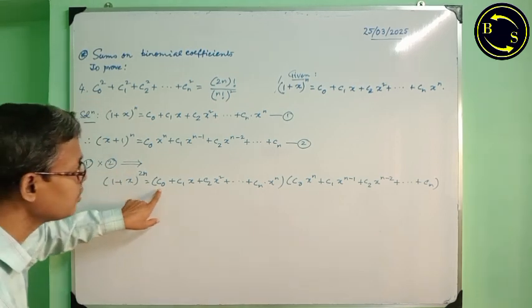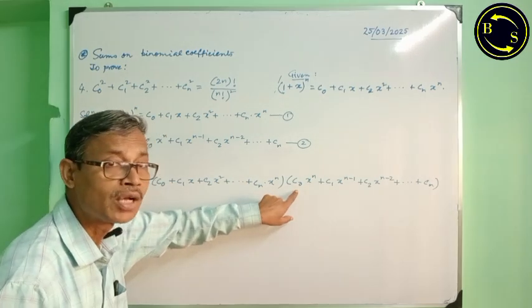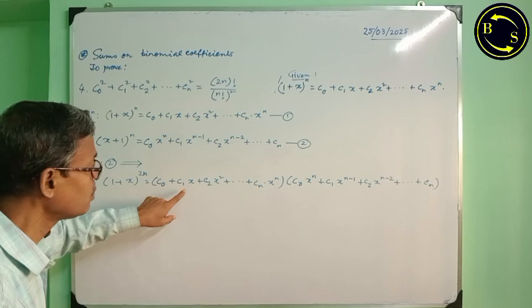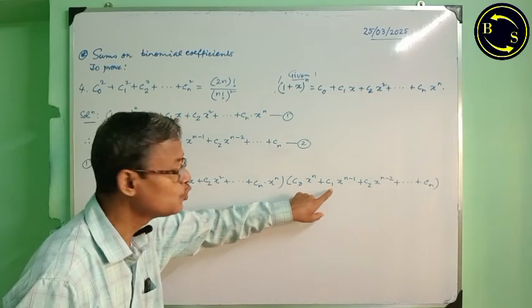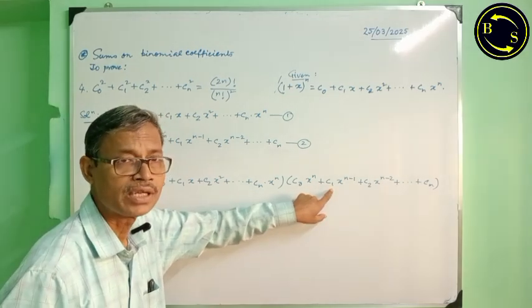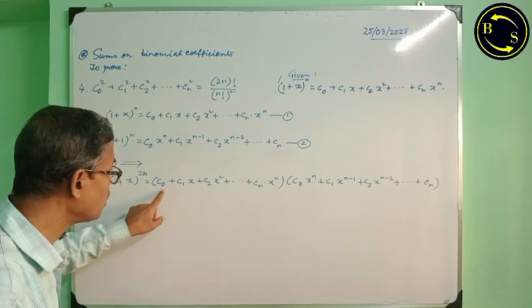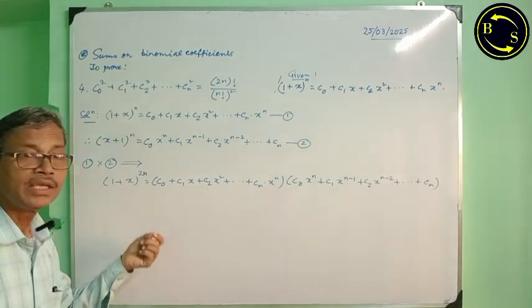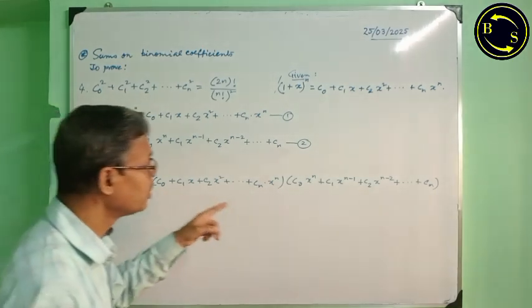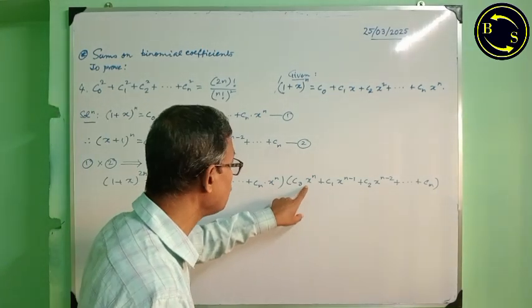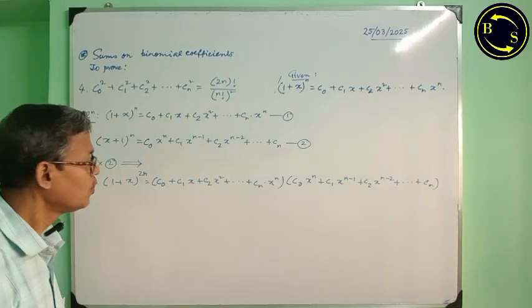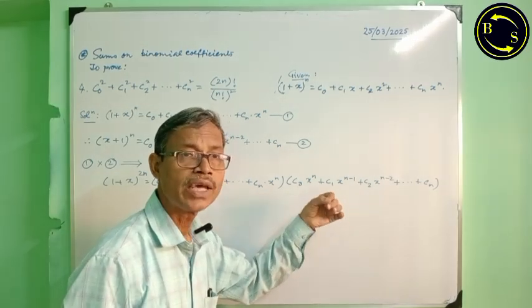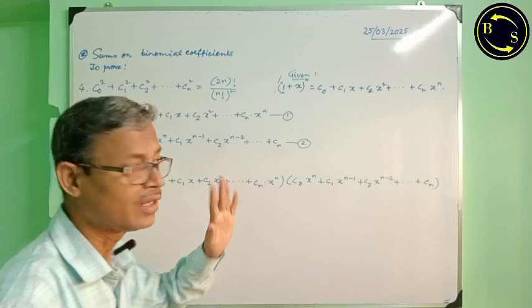If we multiply these first two terms, we get C0 square. Then, if we multiply these two, we get C1 square, etc. Now, when we multiply this, then the product will be C0 square into x to the power n. When we multiply these two, we get C1 square into x to the power n.